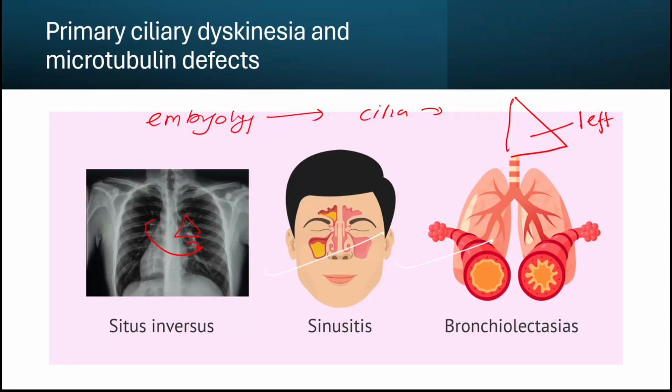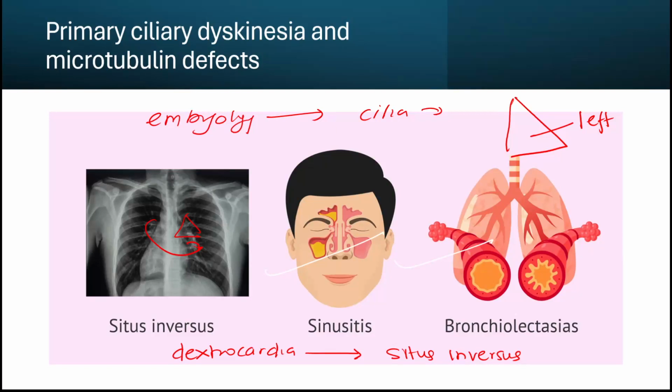Hence, you would see a heart on the right side, which is known as dextrocardia, and the liver on the left side. Once these internal organs are found in the opposite direction, you would see a condition known as situs inversus. So these are the three most fundamental features seen in primary ciliary dyskinesia.